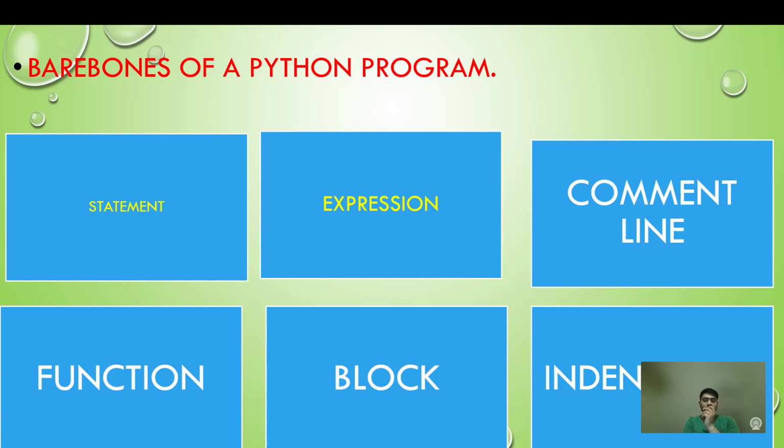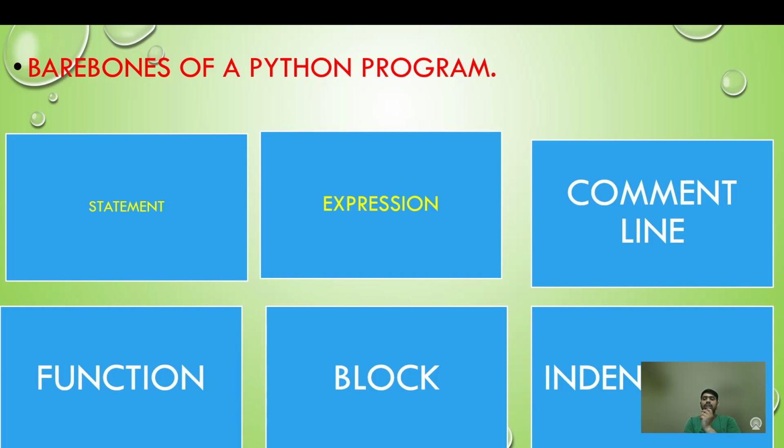Then function. A function has a name, and it is a set of actions. We are performing a set of actions, and that is called a function. Then come to the block. Whenever we write a grouping of statements followed by a colon, it's called a block.